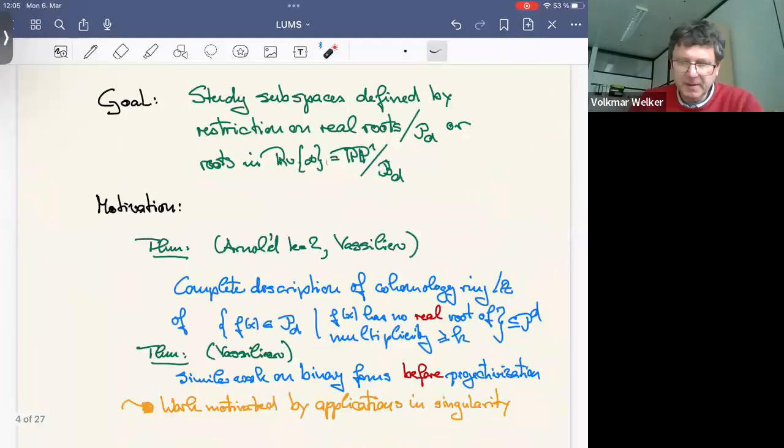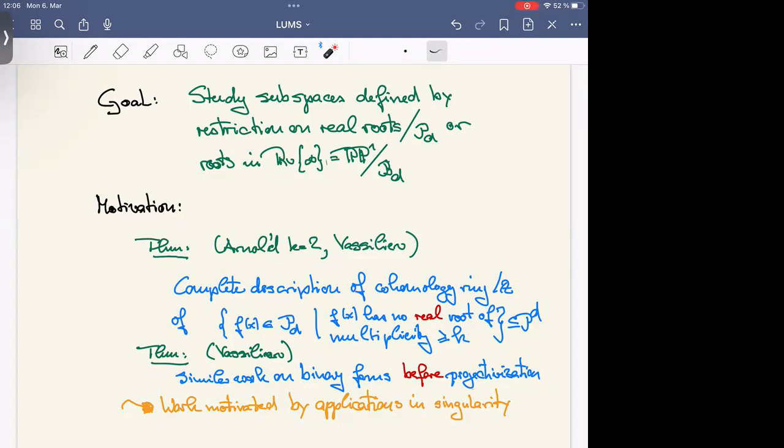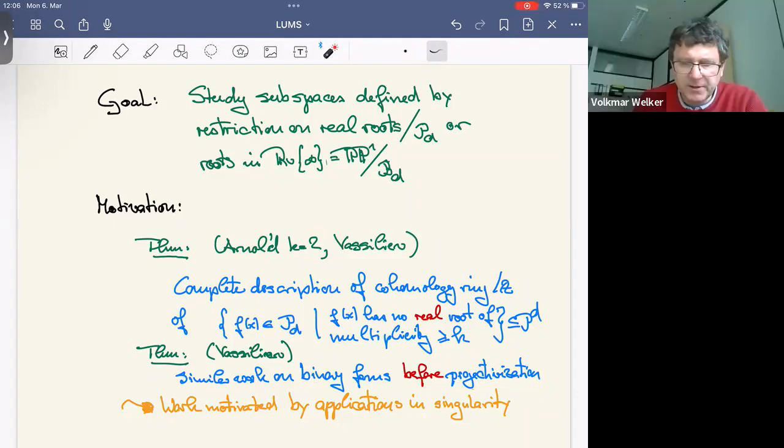Okay. Our goal is to study subspaces of the space of all polynomials, or in the part I won't speak about, binary forms, which are defined by restrictions on the roots. On the real roots.